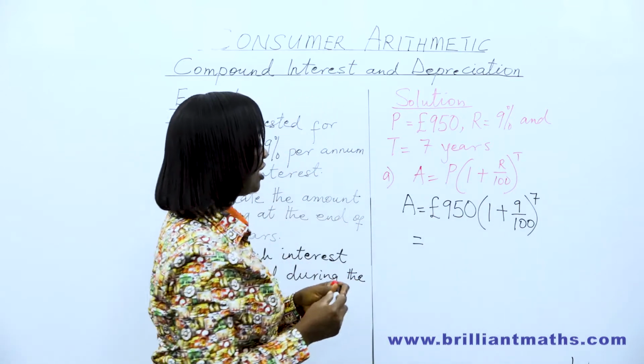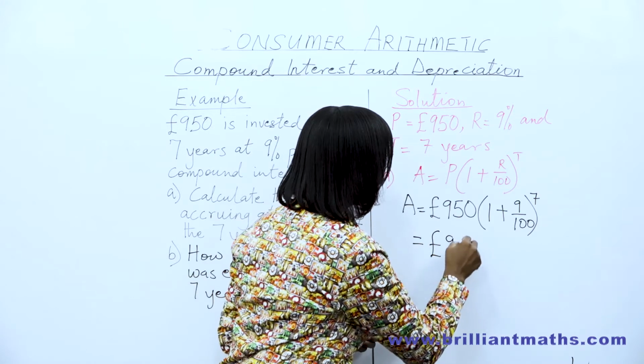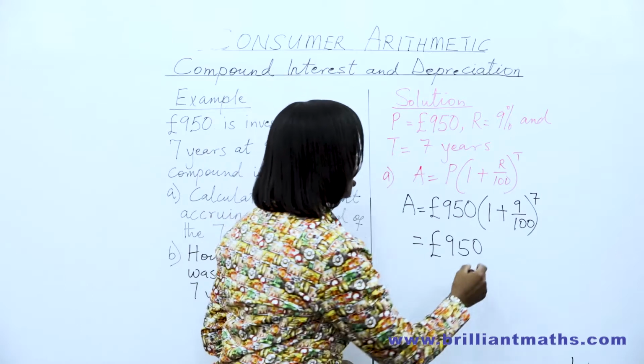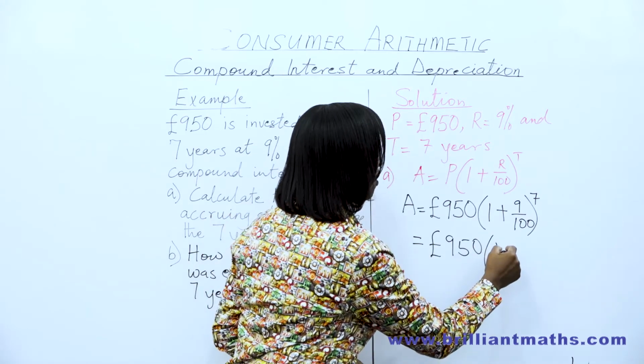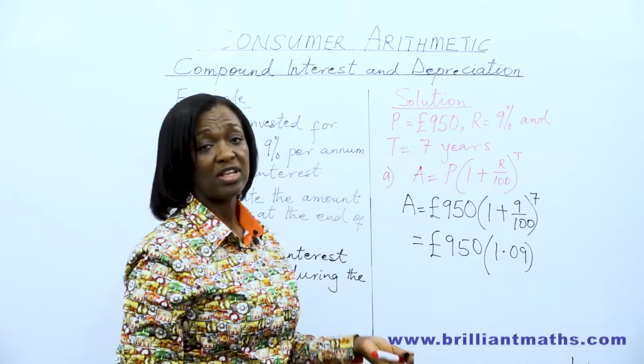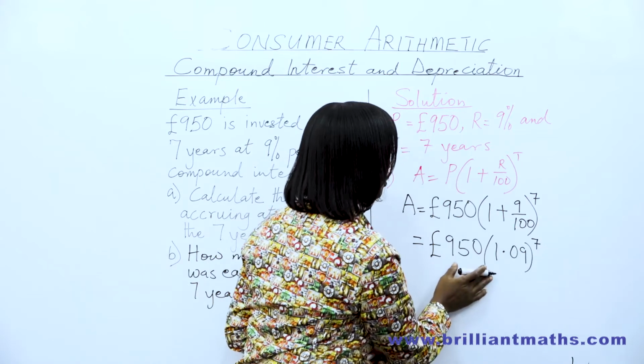With the calculator, we know that 1 plus 9 over 100 is equal to 1.09, because 9 over 100 is 0.09, to the power 7.